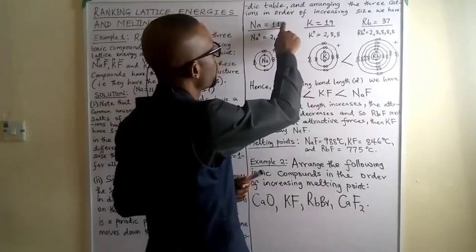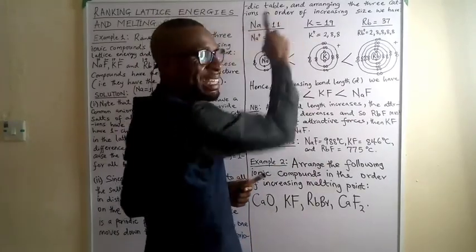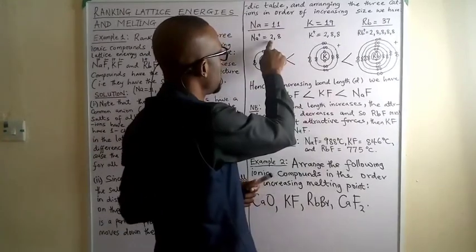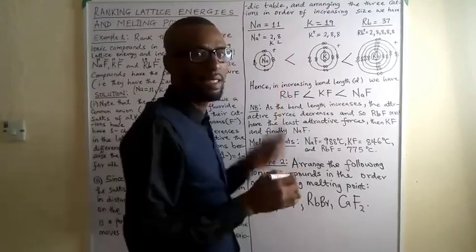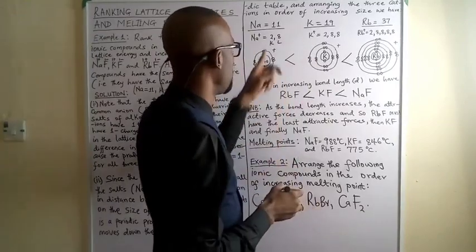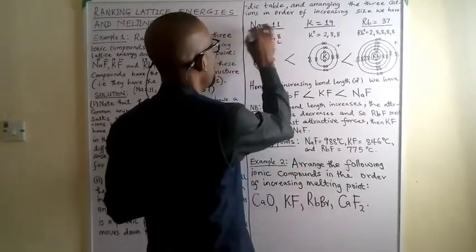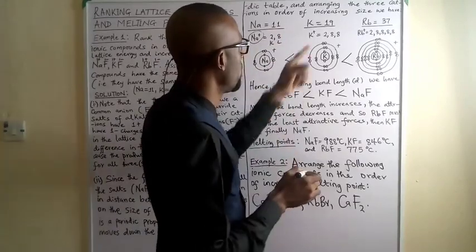If we are talking about sodium, it had 3 shells, K, L, and M, but ionizing to sodium ion makes it K and L shell.